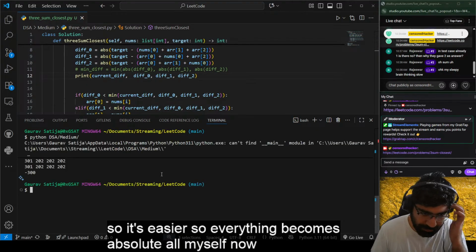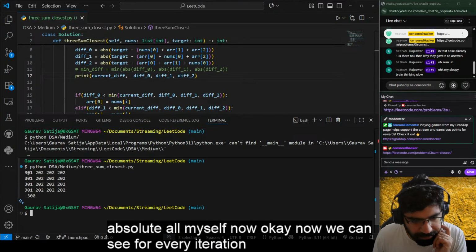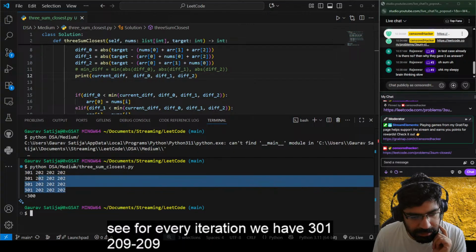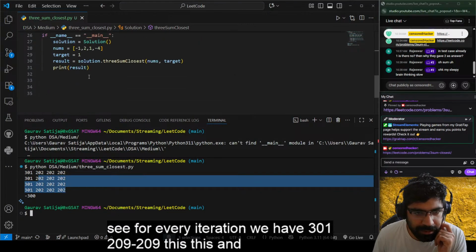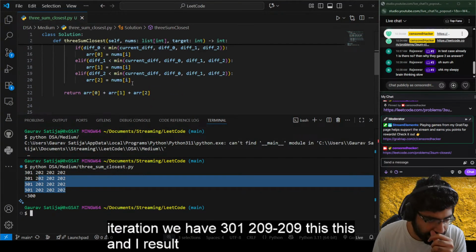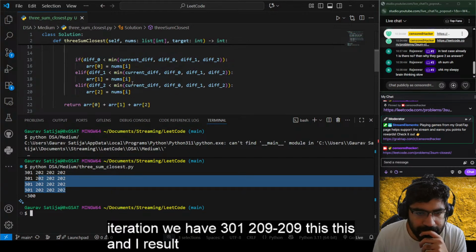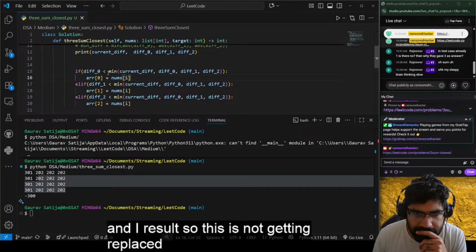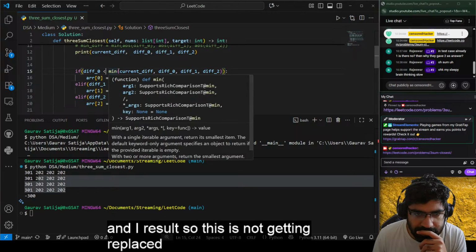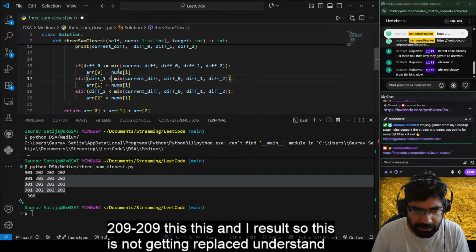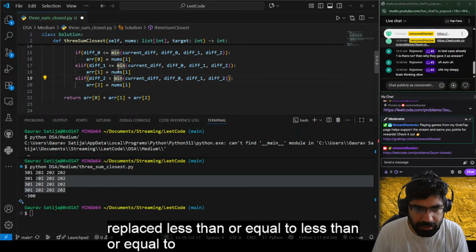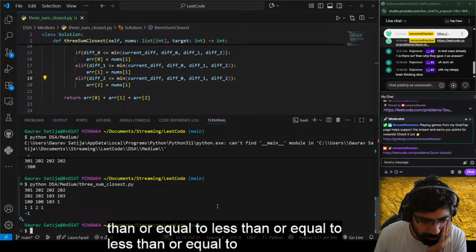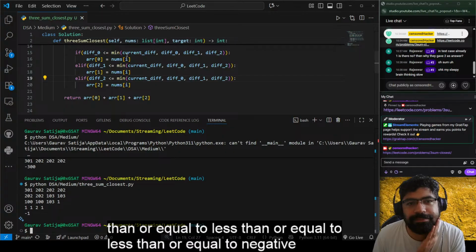Now we can see for every iteration we have 301, 209, 209, this. And our result. So this is not getting replaced. Less than or equal to, less than or equal to, less than or equal to. -1. We got it.